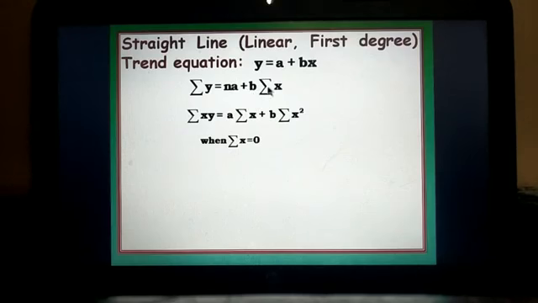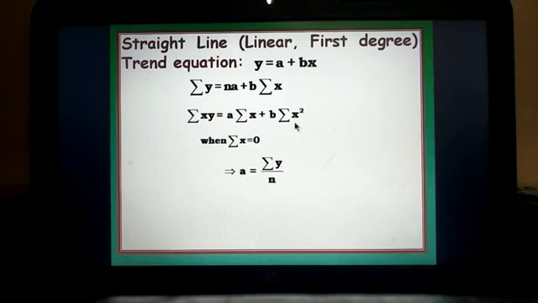Here b summation of x is there, sum of x is equal to 0, so this will become 0, so that summation of y is equal to na, a is what we want, so a is equal to sum of y divided by n.